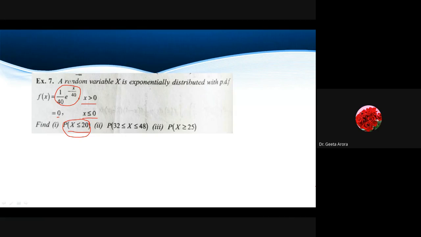We are taking 1 by 40 integral e raised to minus x by 40 dx. Just do the integration and put the limits. The limits are from 0, and we are looking for the probability that capital X is less than or equal to 20.